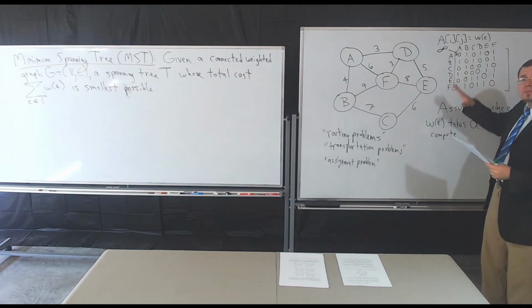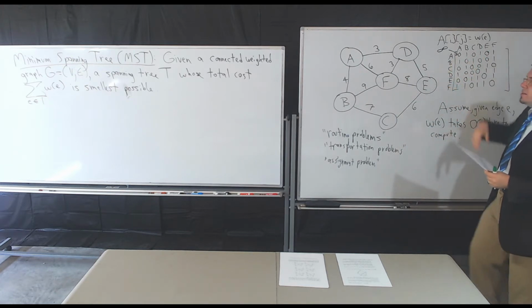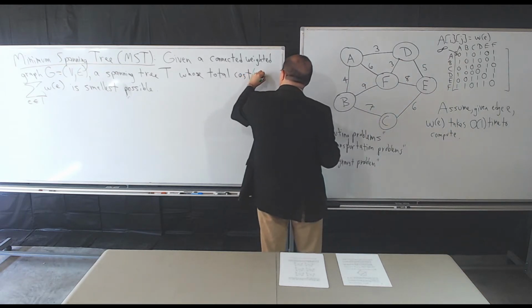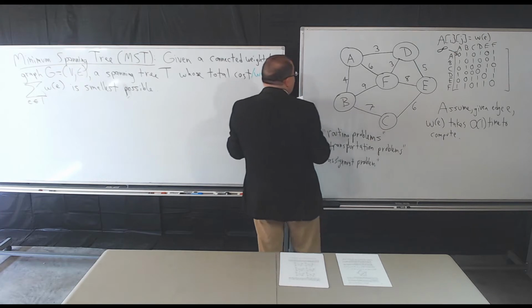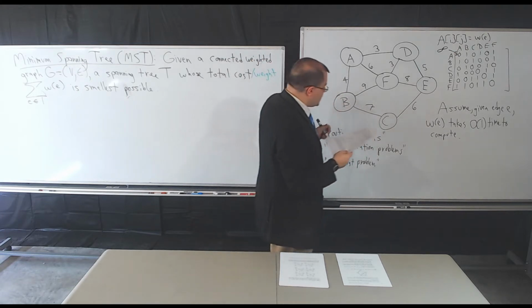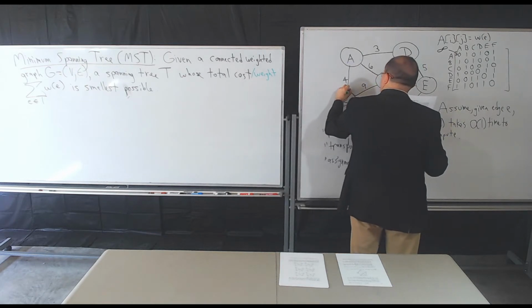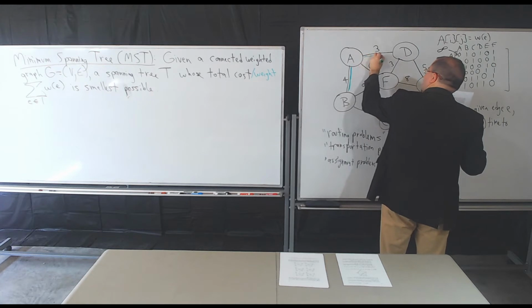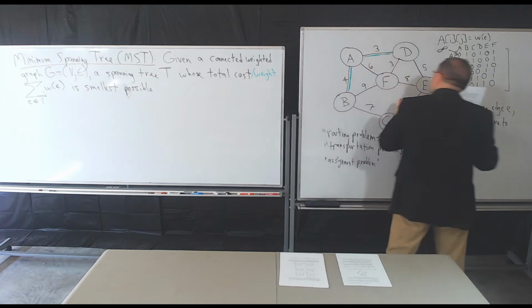It would have some total cost or total weight. So sometimes I'll say total cost or I'll say total weight. So all I do is I would just add up those edges. So I'll let you think about how you would add those up. I'm just going to draw out what the minimum spanning tree is because I don't really have too many people I can bounce this off of, fortunately.